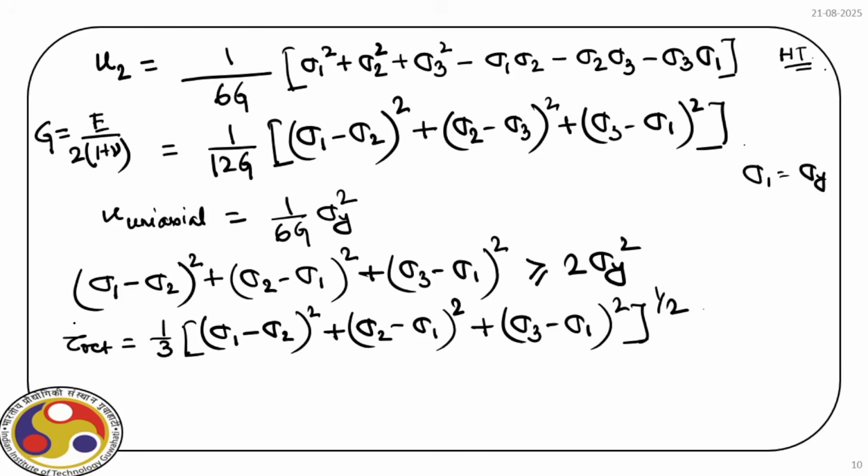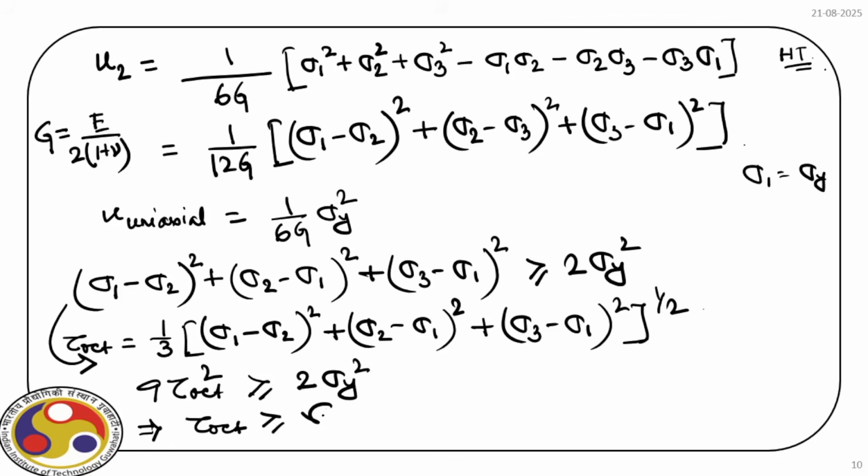So from this expression, what we get is 9 times tau octahedral square is greater than or equal to 2 sigma y square. That means we have tau octahedral greater than or equal to root 2 by 3 sigma y. It's effectively the same criteria that we derived earlier for octahedral shear stress.